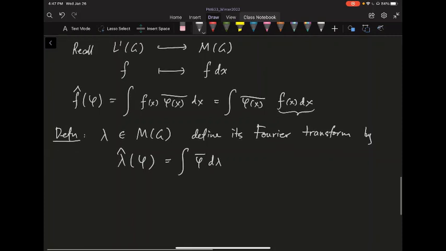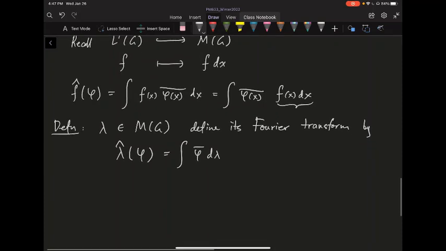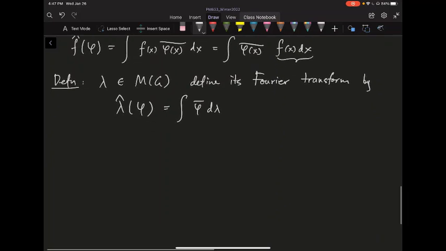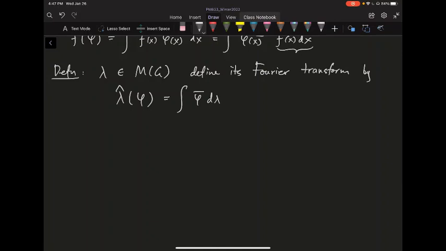Of course, now we have this Fourier transform defined from G hat to the complex numbers. So how continuous is this Fourier transform of a measure? We know if you have an L1 function, then its Fourier transform is continuous and is in C0, basically the closure of the compactly supported functions. So what about now that I have a measure on G? Here's a little proposition.